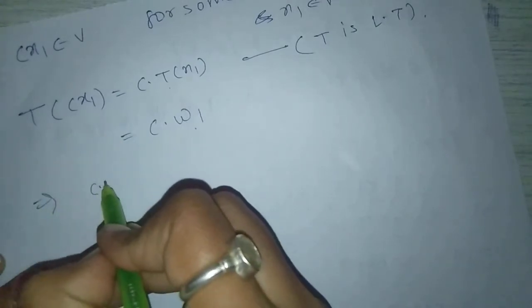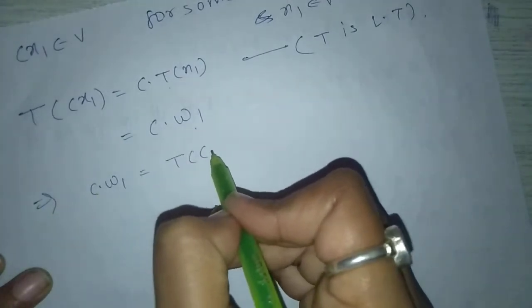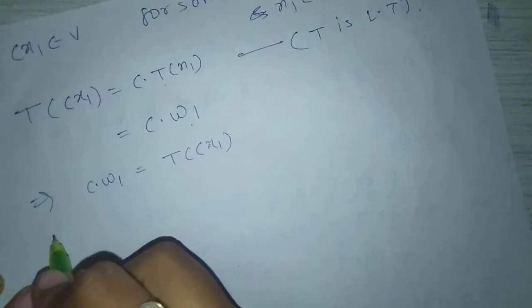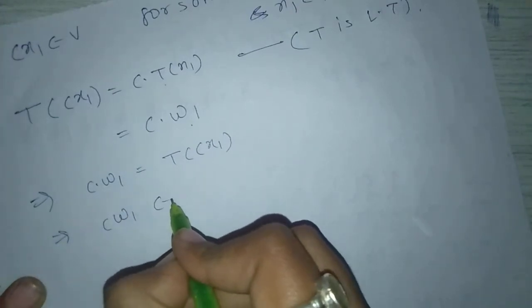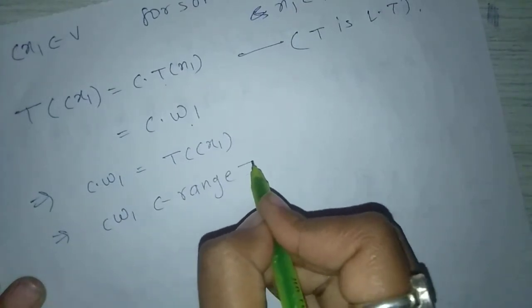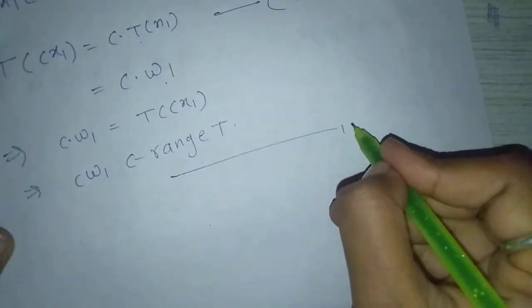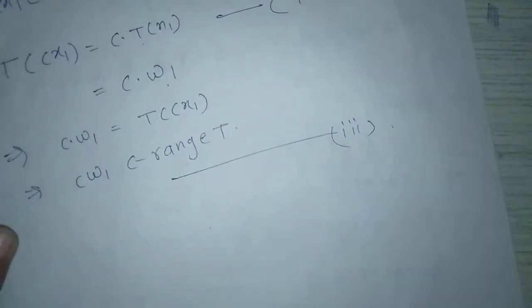Here we get C into W1 equal to T of C into X1, which implies C into W1 belongs to range of T. Give this as equation number 3.